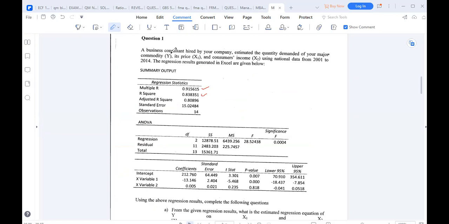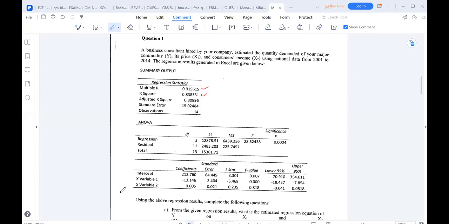We're told that the business consultant hired your company and estimated the quantities of your major commodity Y, its price X1 and the consumer's income X2, using the national data from 2001 to 2004. So the regression data has been given below.